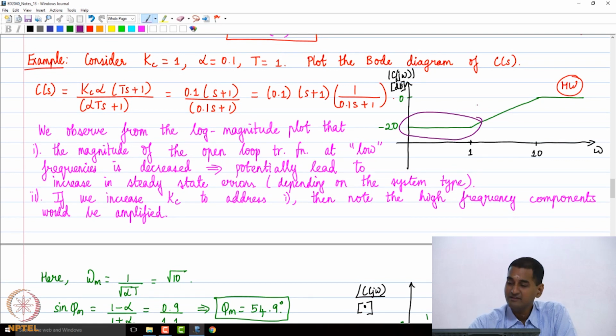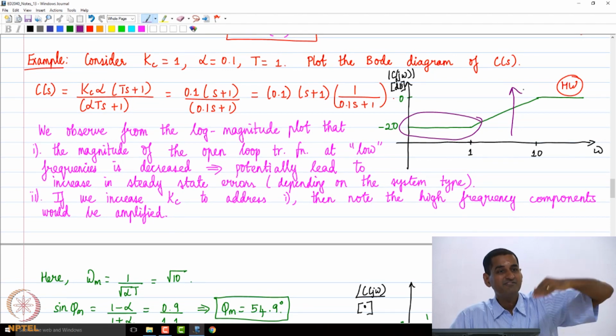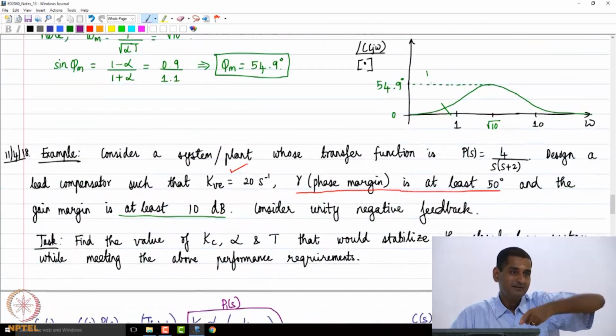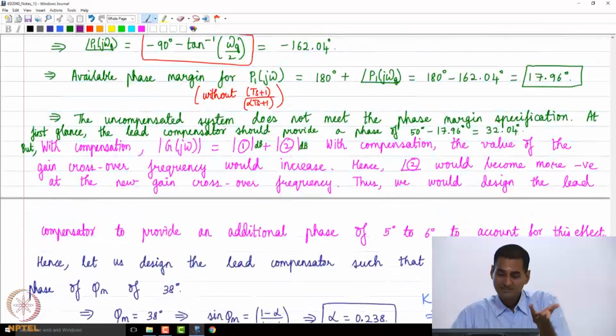To address this, we need to push this curve up. So that is why we had an extra factor of 10. You remember we had a gain k, which was 10.